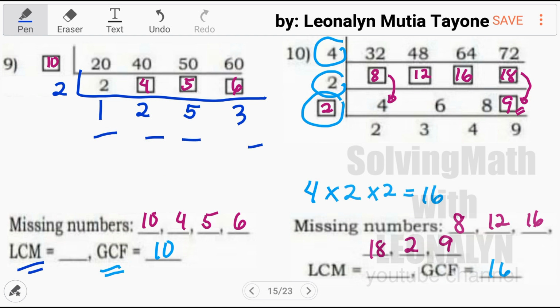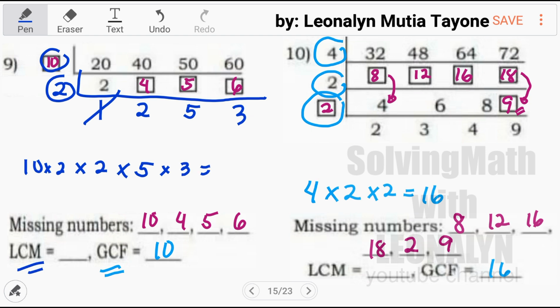Now, wala na siyang common dyan, kahit dalawa. So, pwede na natin i-multiply. 10 times 2, times 2, ignore mo si 1, pareho lang. Times 5 times 3. So, this is 20. 20 times 2 is 40. 40 times 5 is 200. 200 times 3, 600. Kaya ang least common multiple dito ay 600.